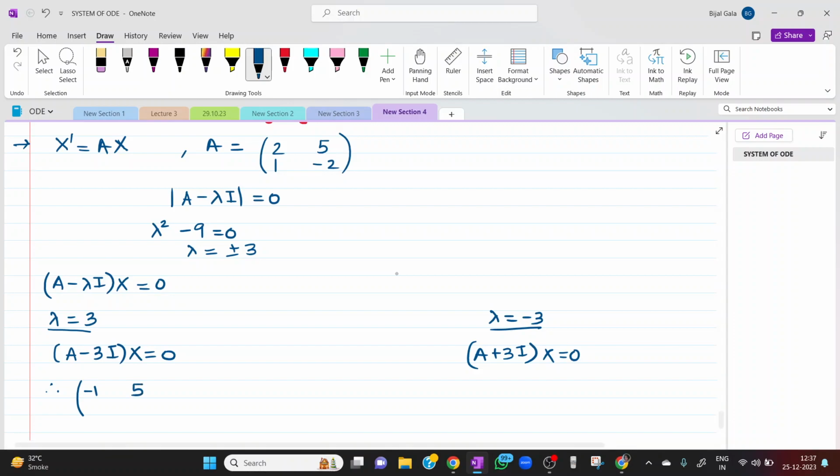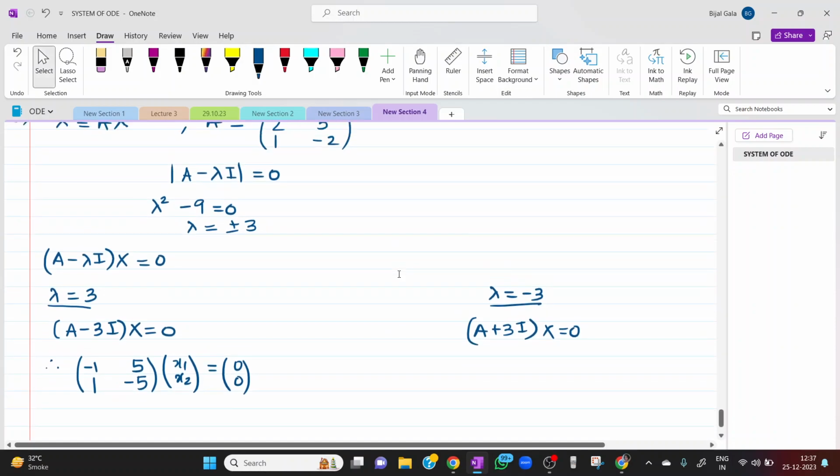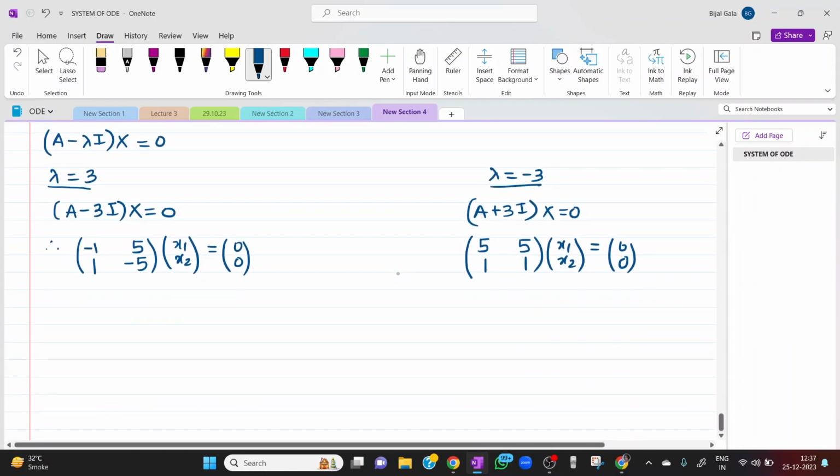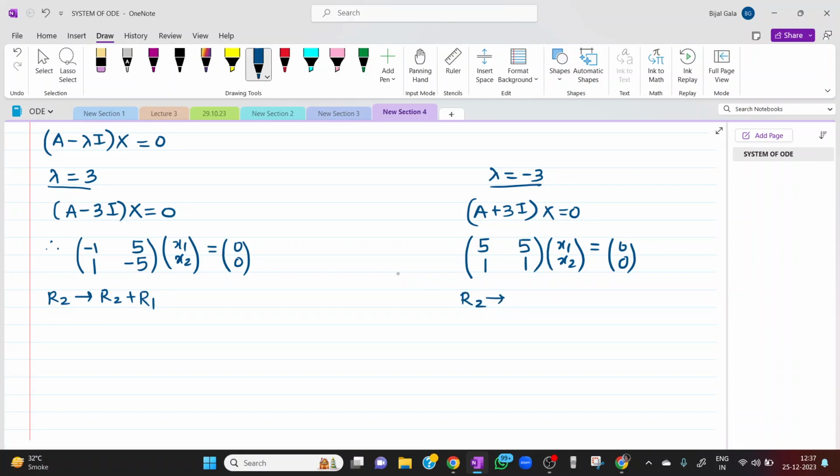So this is [-1, 5; 1, -5] times (x1, x2), and here I would have [5, 5; 1, 1]. So if I apply here R2 plus R1, and here if I apply R1 minus 5 R2.